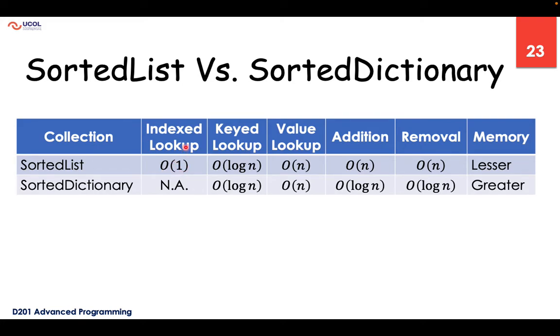We know the index value, go to that index, and do the things, so constant time is required to look up a specific index. In the dictionary there is no index lookup, because we find the elements based on the key. For keyed lookup in the sorted list or sorted dictionary, with n elements, we can find it in log n.